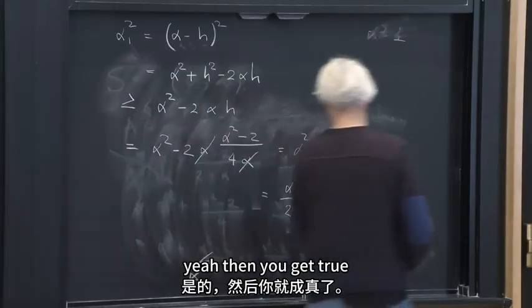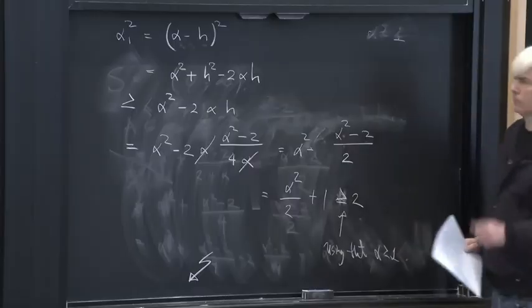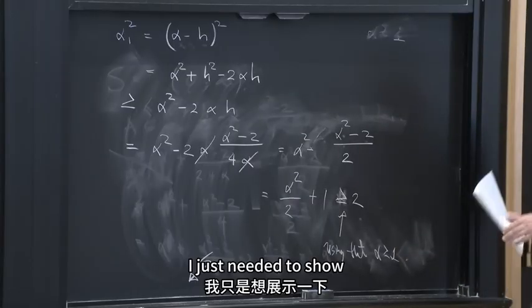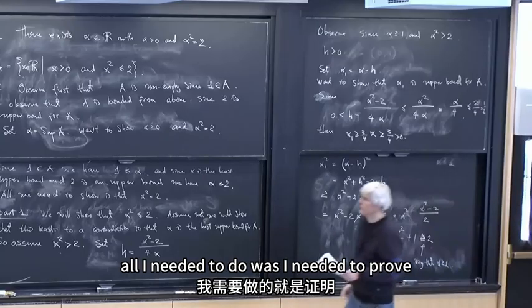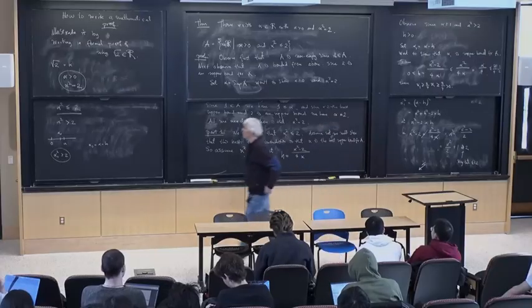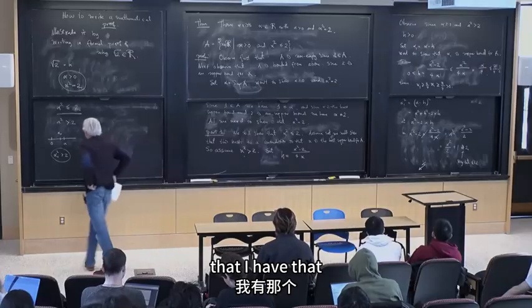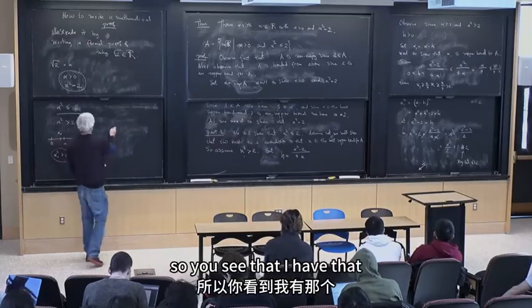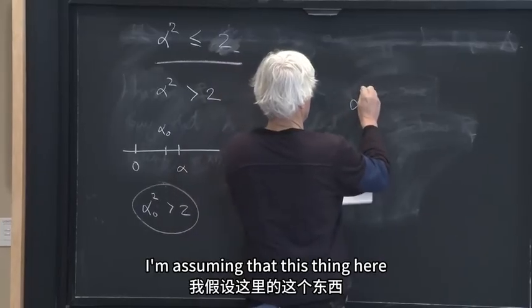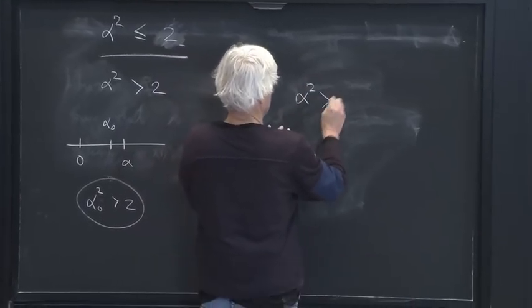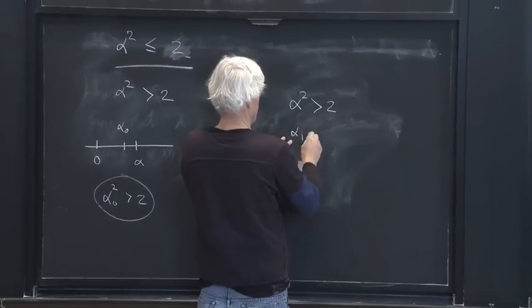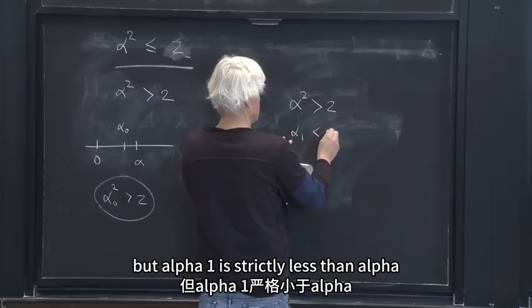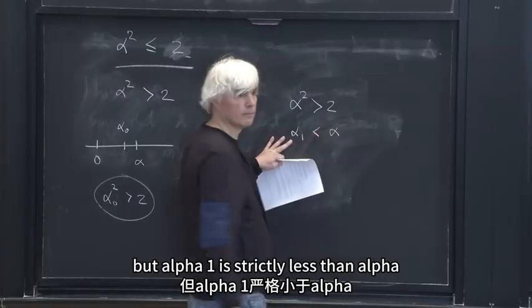Yeah, then you get 2, but that's fine. All I needed to do was prove that, so you see that I'm assuming that this thing here is strictly positive. And then I define alpha 1, but alpha 1 is strictly less than alpha, right?